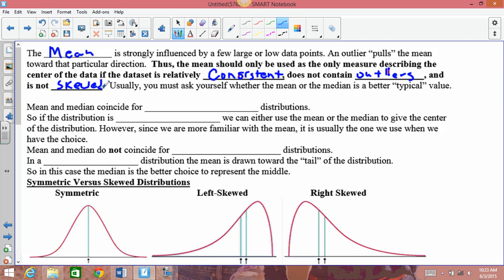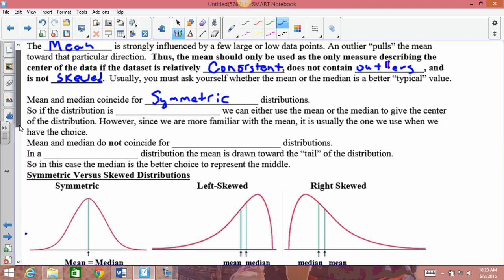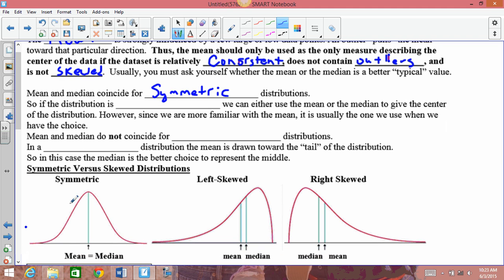Usually you're going to ask yourself, is mean or median a better typical value? There can be a little bit of a gray area on that. The mean and the median coincide for symmetric distributions. Just below here, you can see a nice graphic. The graphic on the far left is an example of a symmetric distribution.